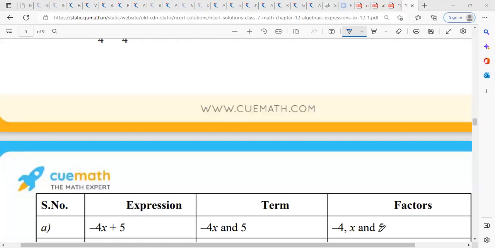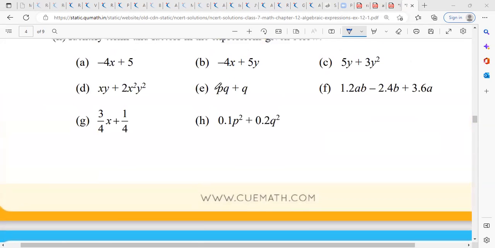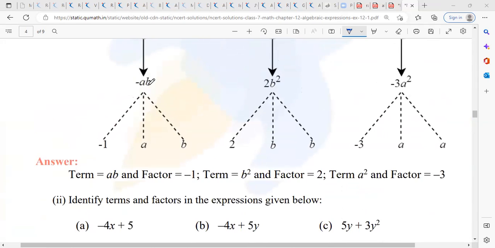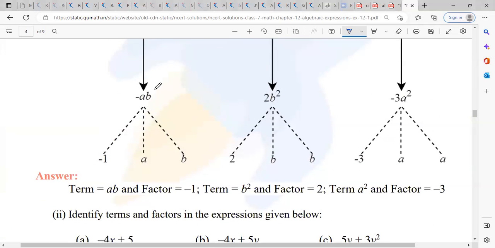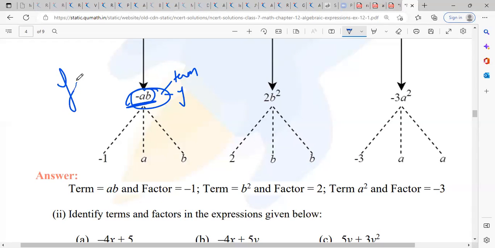Now see. You will say, ma'am, earlier you told me that factor is only the number, right? So why over here, in the previous question, I was telling you for this, tell me the term and factor. When I give you one number only, the number will be your factor, and the term will be this.